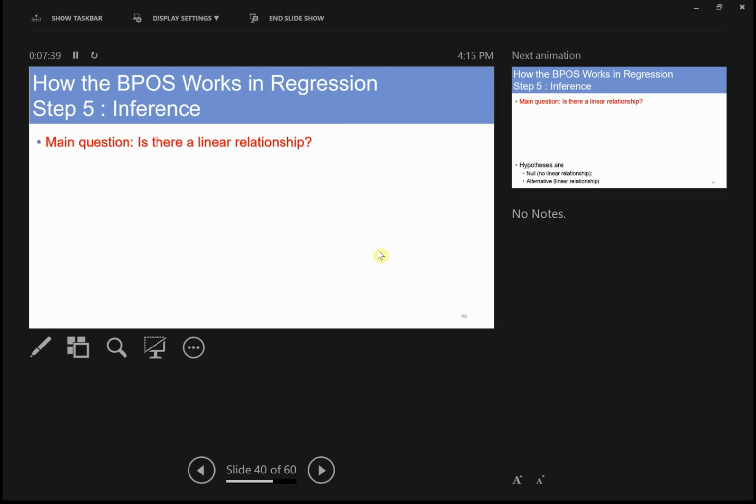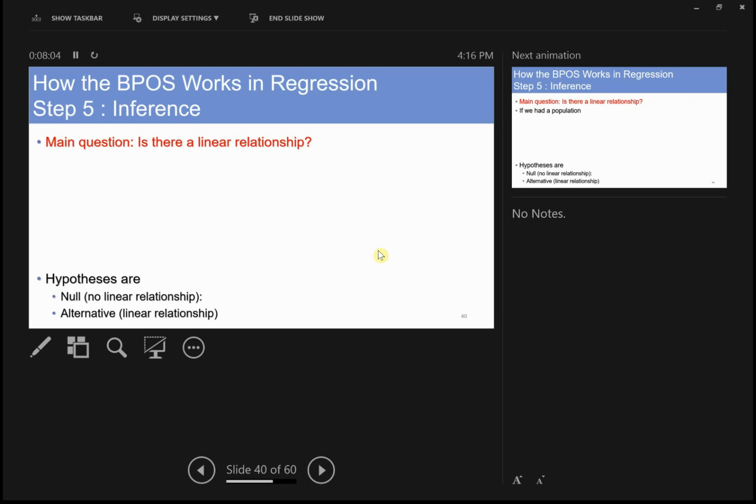So here's a really important slide. The most basic thing we want to ask, first of all, is is there even a relationship? Before we go into all the bells and whistles and try to use the model, if there's no relationship, there's no reason to use the model. So we want to phrase this as a hypothesis test.